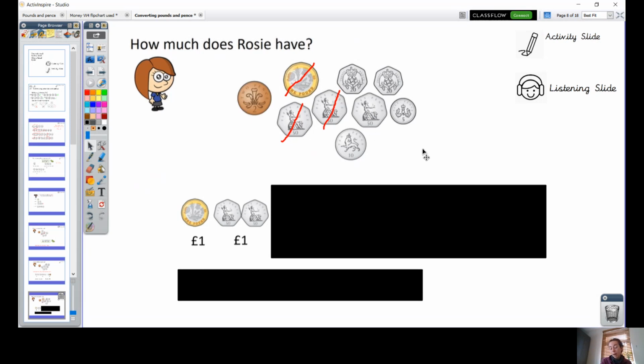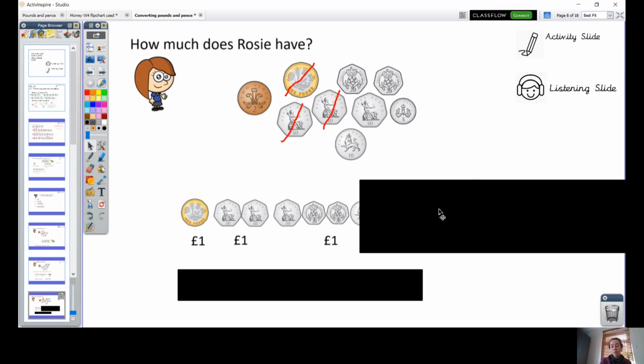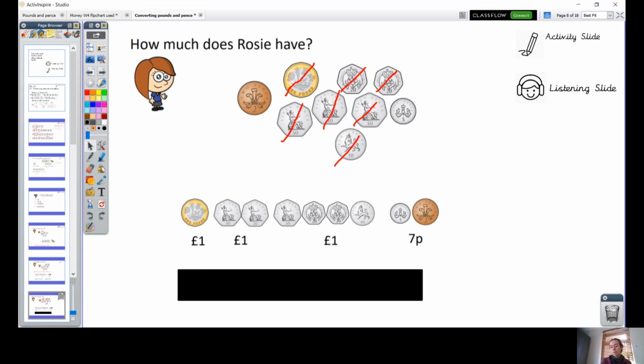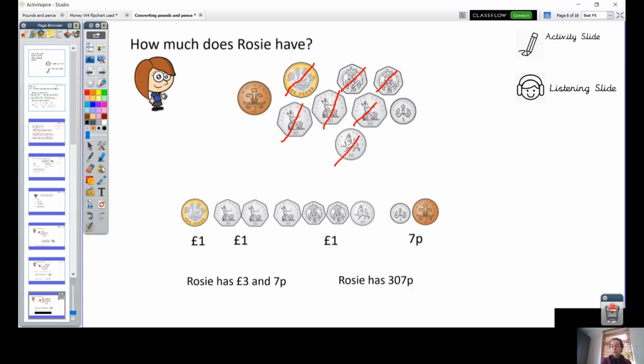Can we make another pound with these coins? Yes, we can. 50p, 20, 20 and a 10 also make a pound. We've got £3 there. To help me, I might cross these out now so I can see what I've got left. And now I've got a 5 and a 2 left. And I know that they make 7p. So Rosie has £3 and 7p. We could also say Rosie has 307p, couldn't we?